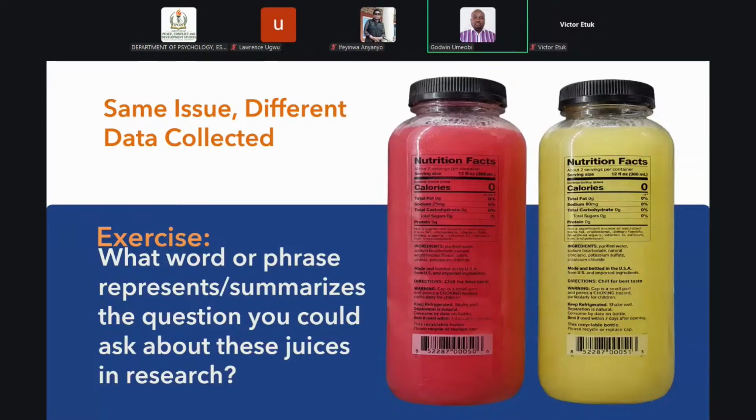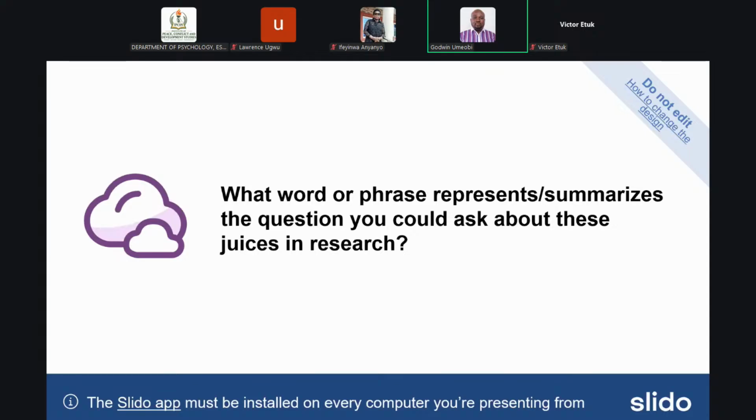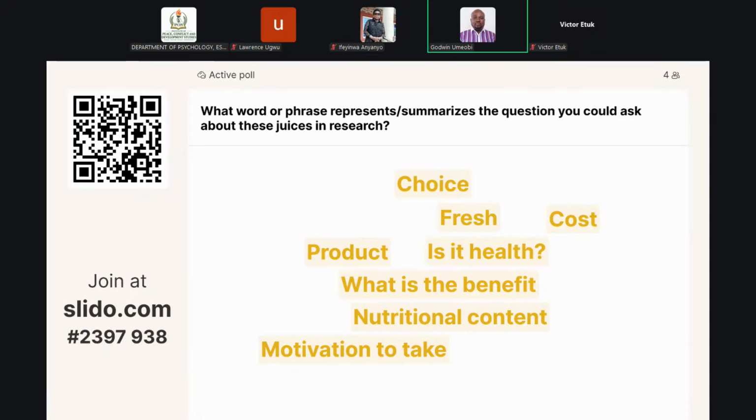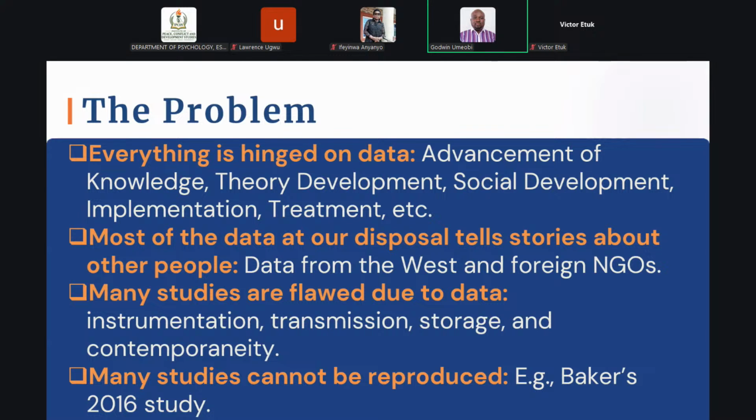In psychological science, we ask questions from the process of bringing this product to life. We have people along all the intersections in the supply chain asking questions about this. So these are different things. This tells us that one social issue will have different people asking questions about it, and much data is collected.